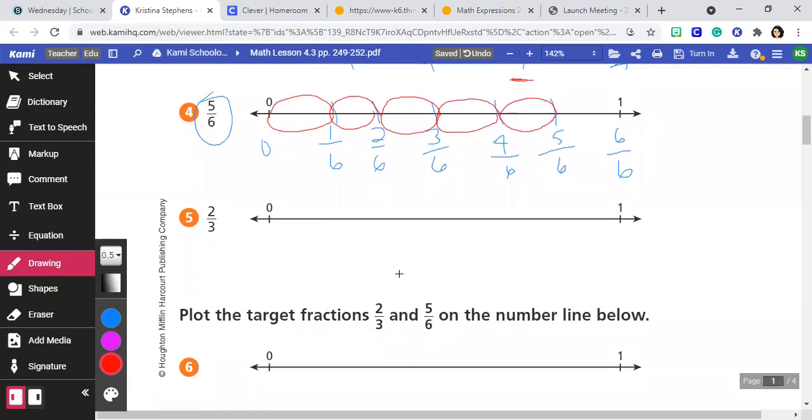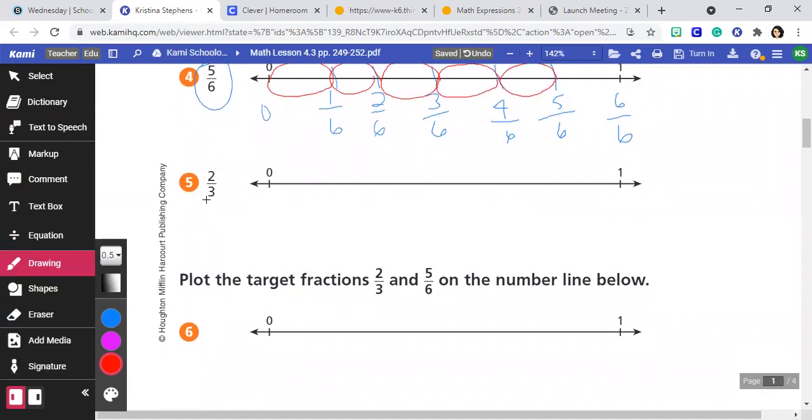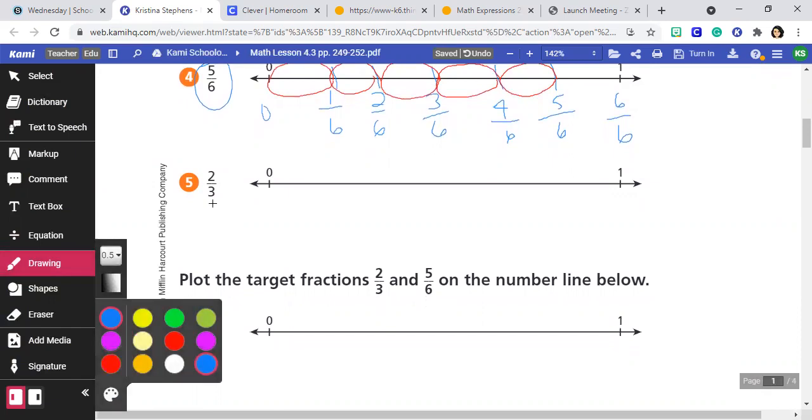Number 5. My denominator tells me that there are 3 equal parts in between 0 and 1. So I'm going to divide my number line to make 3 equal parts. Step 2, I'm going to label each point.